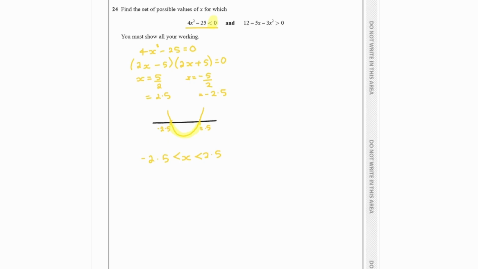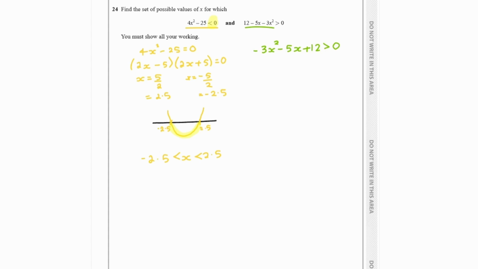So we have now found the set of possible values for the first inequality, and in order to look for the set of possible values for the second inequality, we can see that this is a quadratic equation, so we could first rewrite this with our x squared term at the start, which would be minus 3x squared minus 5x plus 12, and this is greater than 0.